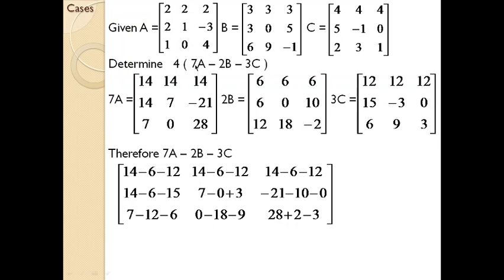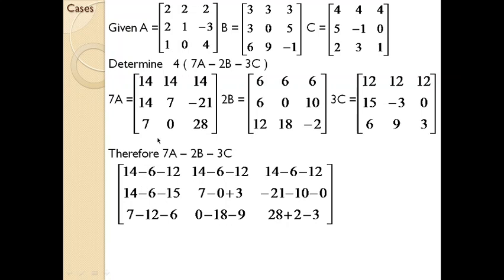You first take the addition or subtraction of the first two matrices, then you get a new matrix, and with that new matrix you add or subtract the next remaining matrix given in the bracket. That was the step followed in the last case. But today we will discuss another type of computation. Here we are taking the subtraction of all these three matrices within the bracket at the same time.